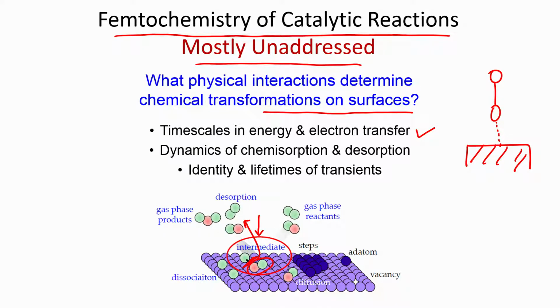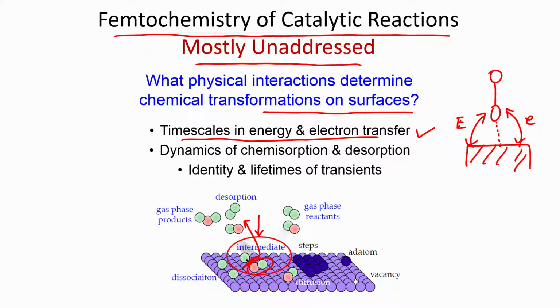In my opinion, at the molecular level, catalysis is nothing but the energy and charge exchange between the substrate and the adsorbate. So this is E and this is e: capital E is the energy and small e is the charge exchanged between the adsorbate and the substrate. So the question is, what is the time scale of such energy and electron transfer? That is an important question.